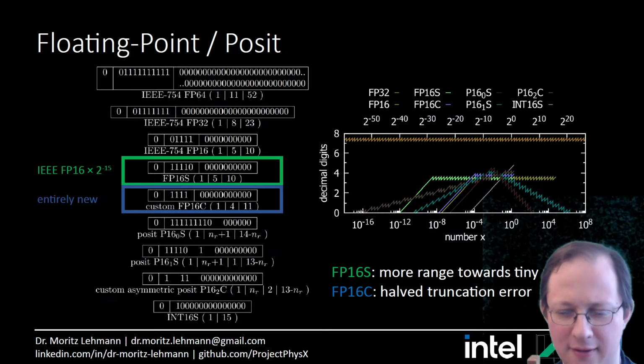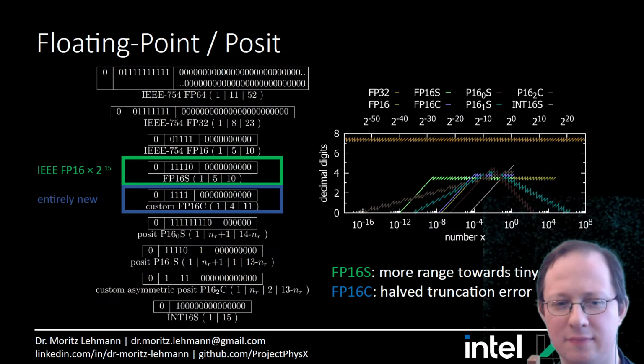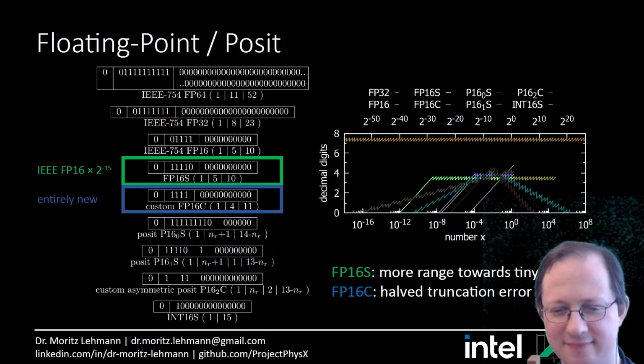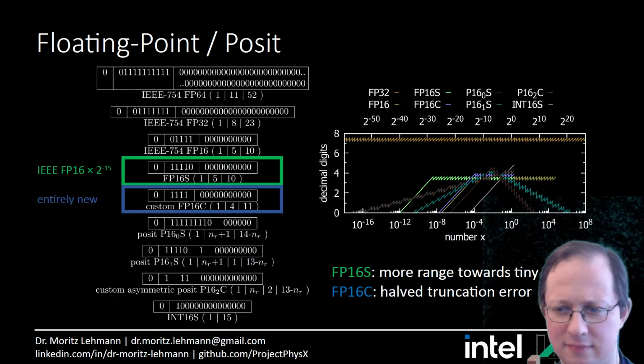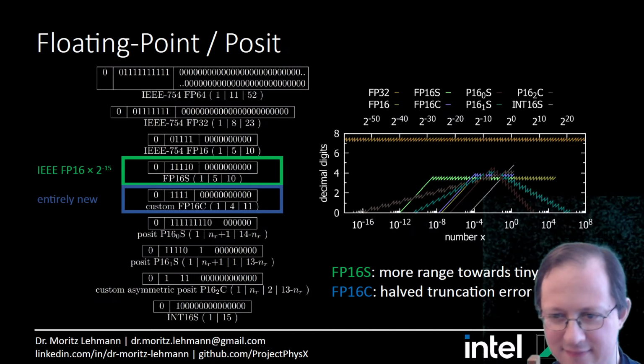And then what I did is this blue one here is the FP16C. This is a custom FP16 format where I stole 1 bit from the exponent and enlarged the mantissa by 1 bit. This gives me a bit more precision, but it shortens the range. On the right side in the diagram, you can see that the range is smaller.